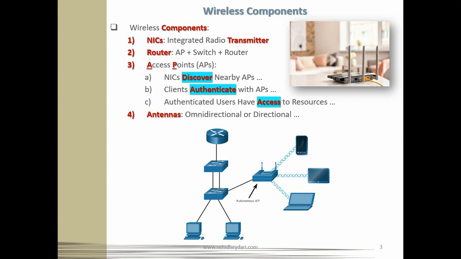The words transmitter and receiver together form another word, transceiver. So NICs incorporate radio transceivers. If a device does not have an integrated wireless network interface card, then through a USB connection, we can have a wireless adapter and we can use that one.